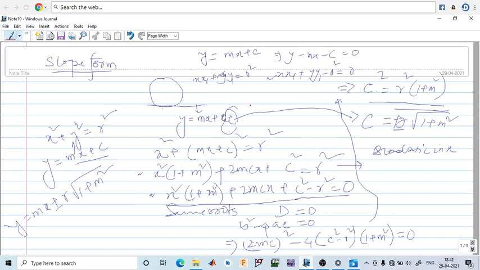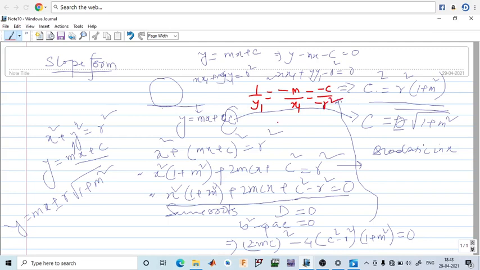The ratio of the coefficients should be equal. That is, the ratio for y is 1 by y1, the ratio for x is minus m by x1, and the ratio for this part is minus c over minus r square.